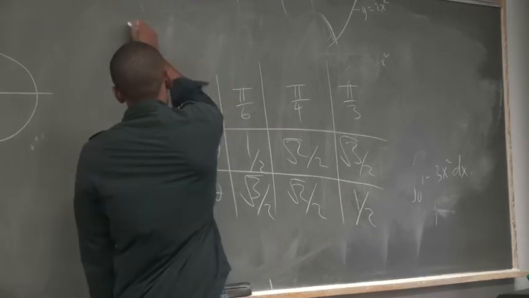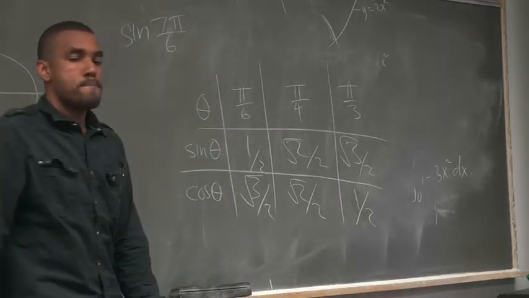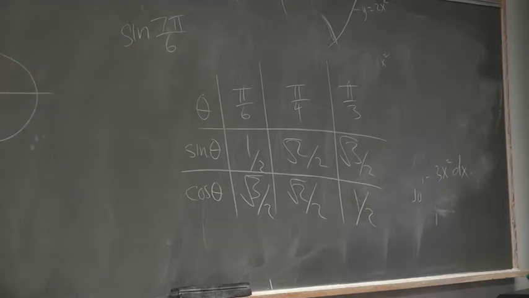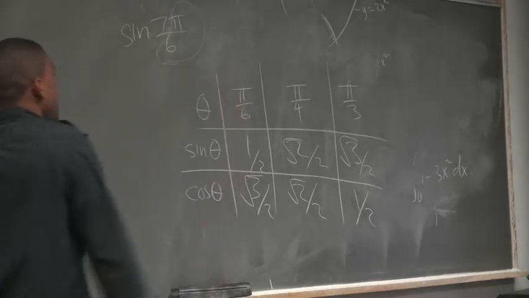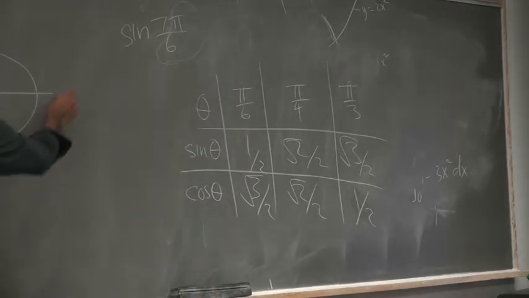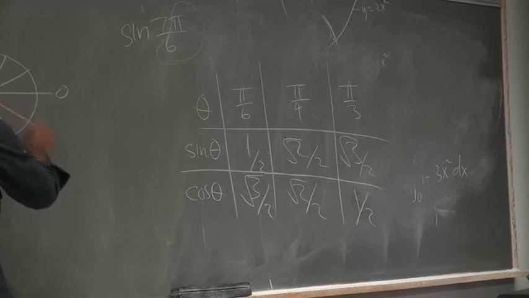Now if I ask you about sine of 7 pi over 6, what do you do? Figure out which quadrant it's in. How do we figure that out? It's in the third quadrant, right? We have pi over 6 here, which means I take pi, divide it into 6 pieces, pi over 6 each.